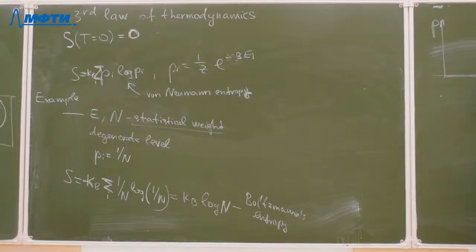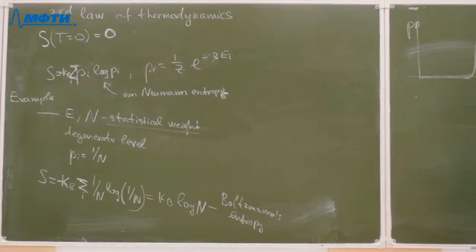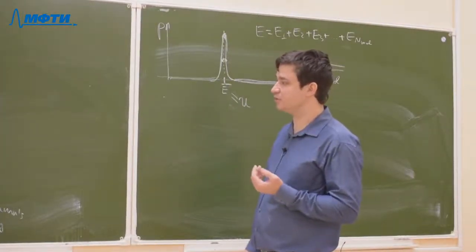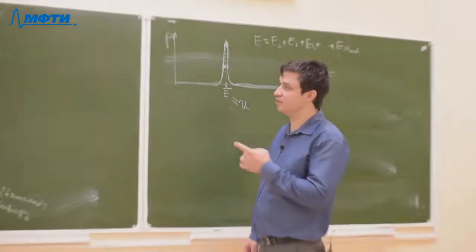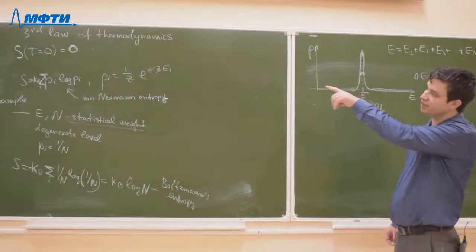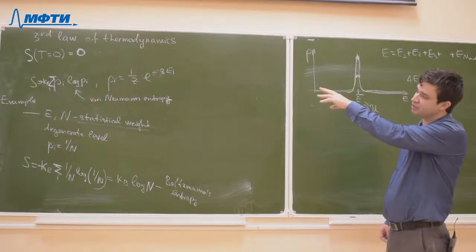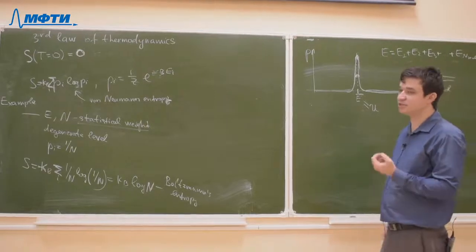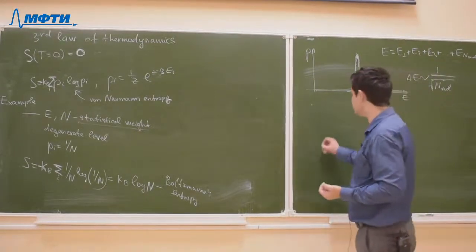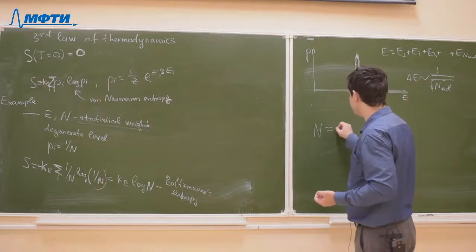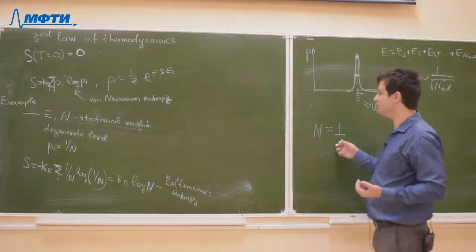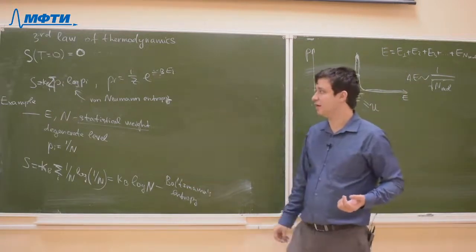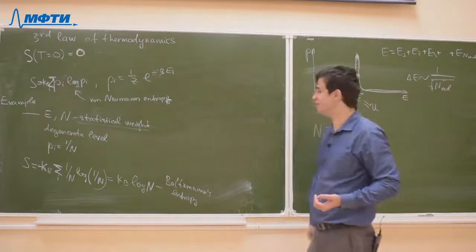And let's analyze the third law of thermodynamics using this concept, the concept of statistical weight. The meaning is the following: if the entropy at zero temperature is zero, that means that for this system the statistical weight n is equal to 1, because only the natural log of 1 will give you 0, as demanded by the third law of thermodynamics.